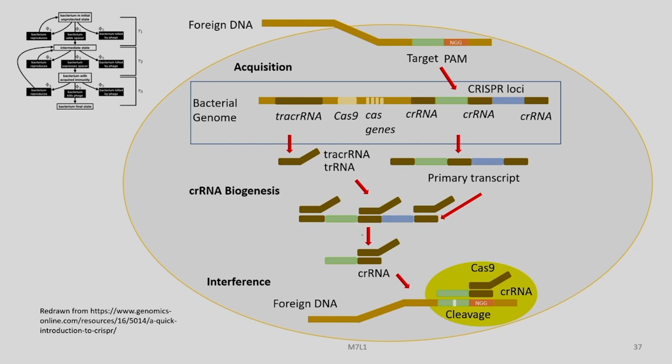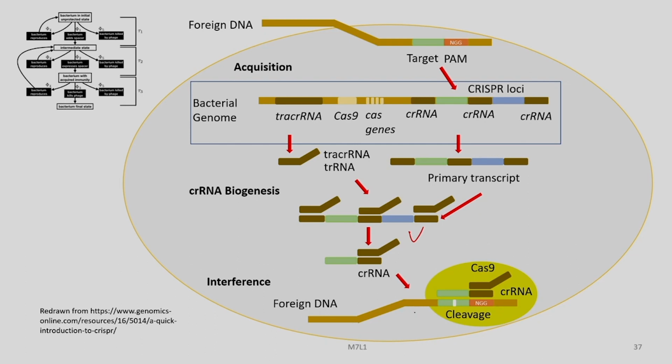Now, there is some kind of processing at this stage which cleaves these primary transcripts, which are complexed with the tracrRNA, into single units and forms the mature CRISPR RNA.